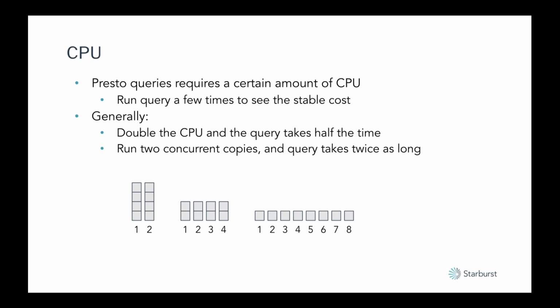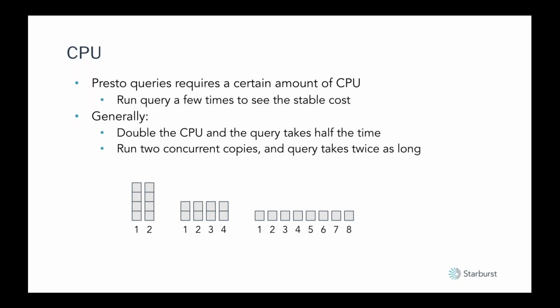So if you want to know how much CPU is required, you run it, you look in the CLI or the UI, and it says, this used 1 hour of CPU. That's the amount of CPU core time it used. So 1 hour is 60 minutes.